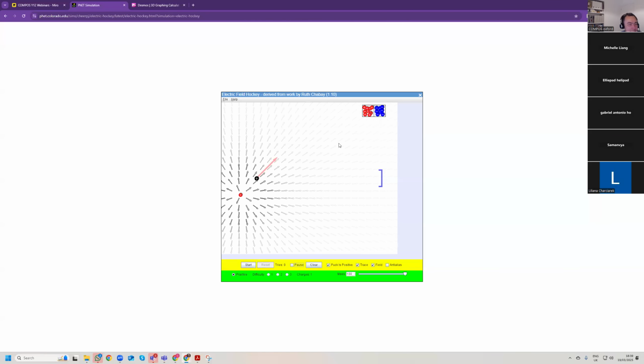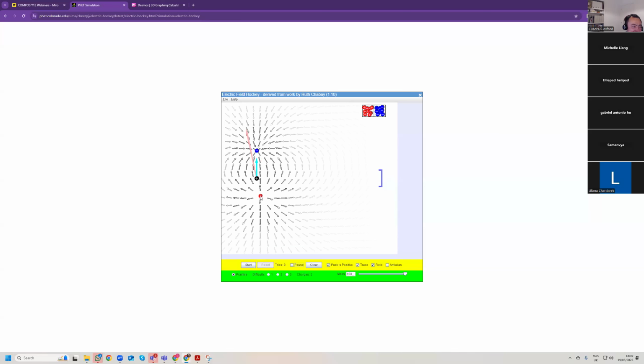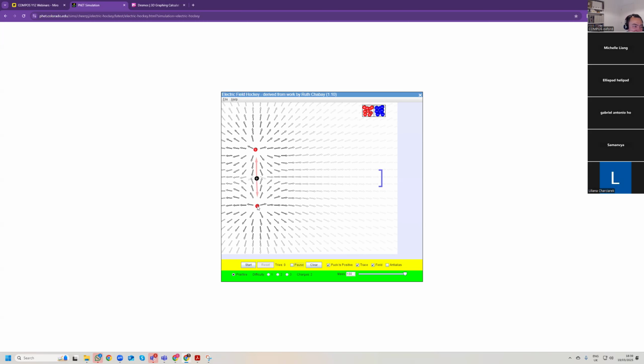Let's place two charges and see what happens. Let's say two positive charges. Now, you would think that the field cancels out. Yes, the field cancels out. But does it mean that it has zero potential?